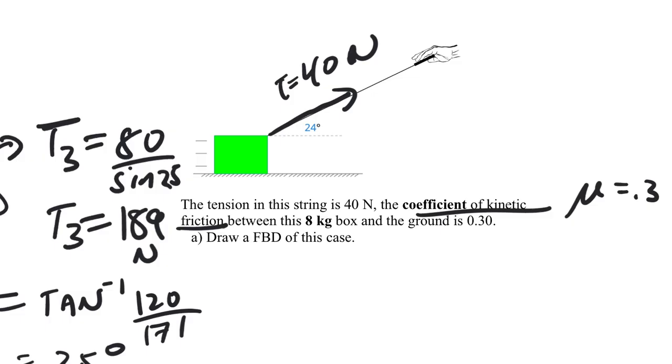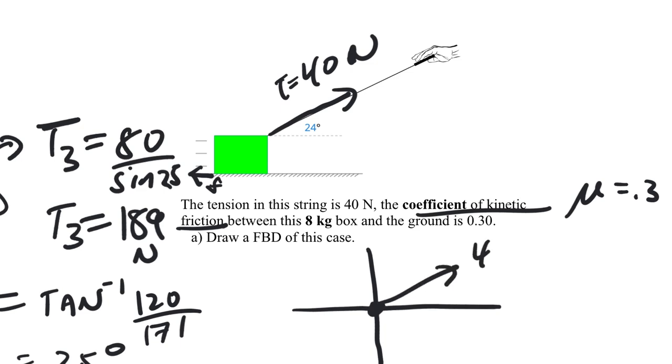Draw a free body diagram. The object's moving to the right, so the friction will be to the left. Lowercase f for friction. So let's just draw that. The box, I'll make a little circle in the origin. 40 newtons. That's what T is.